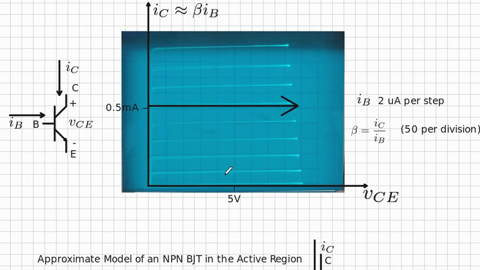The beta number is approximately constant because each of these curves, as you move up by 2 microamps, jumps up by 1 division. And so you can see the number beta, which would be IC divided by IB, is approximately 50.